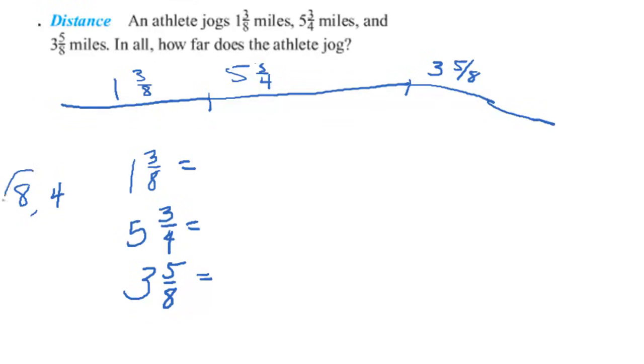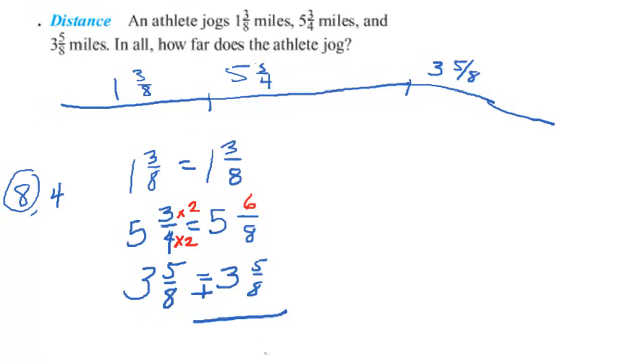If you said 8, you're right. So this fraction already has the right denominator, so I'm not going to change it. This one, I multiplied 4 times 2 to get 8, so I'm going to multiply 3 times 2, so this will be a 6/8. And here the 3 5/8 already has the right denominator.